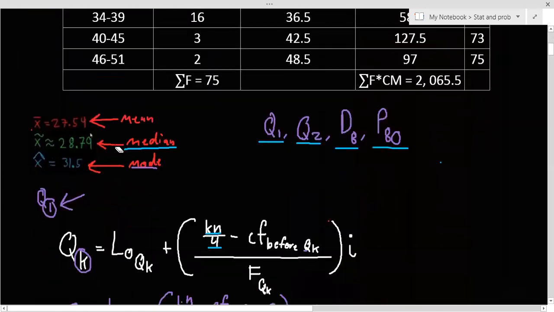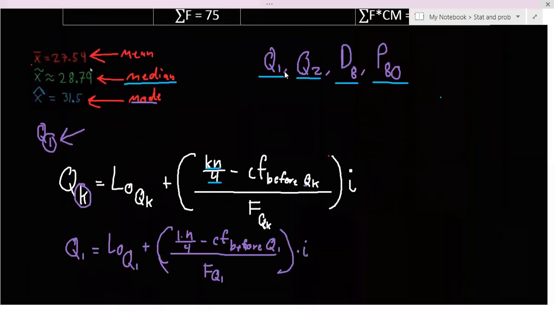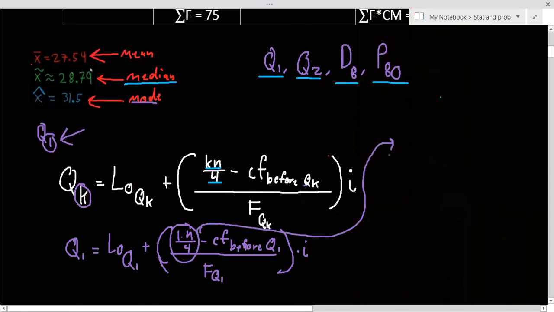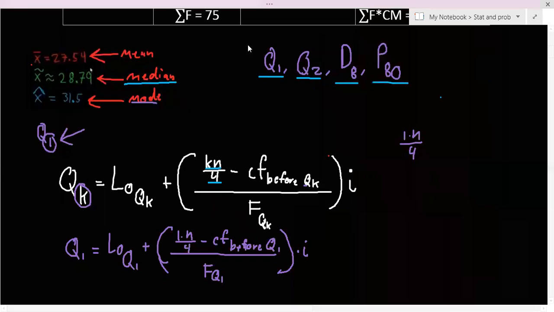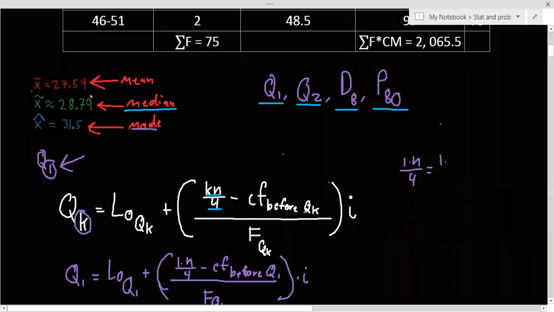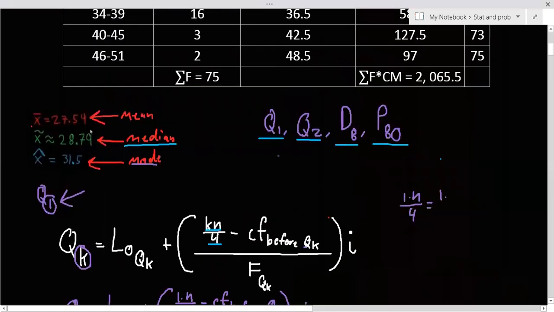So, paano yun? So, una, ang gagawin lang natin is we will get the fraction, 1 times n all over 4 dito. Okay? 1 times n all over 4. Okay? Kunin natin yan. So, 1 times n. Ano yung n natin? Diba sabi ko yung n, yun yung total number of given data.